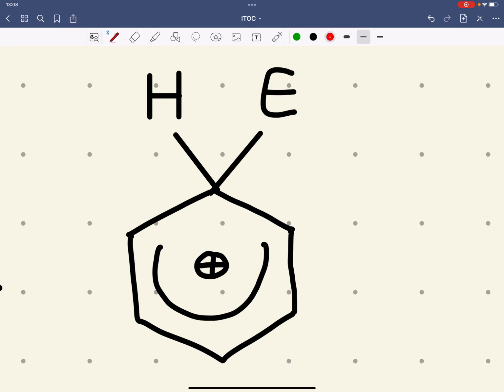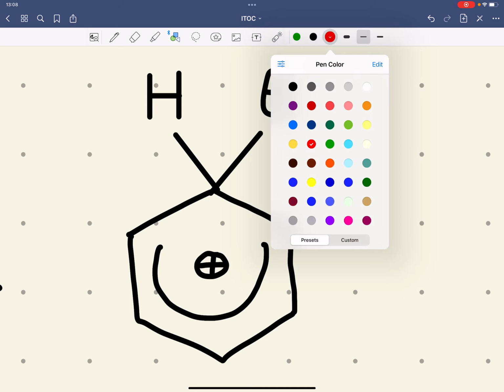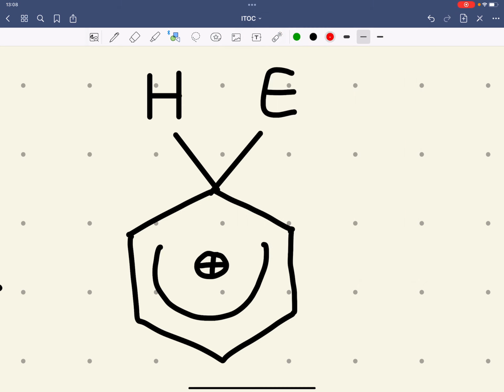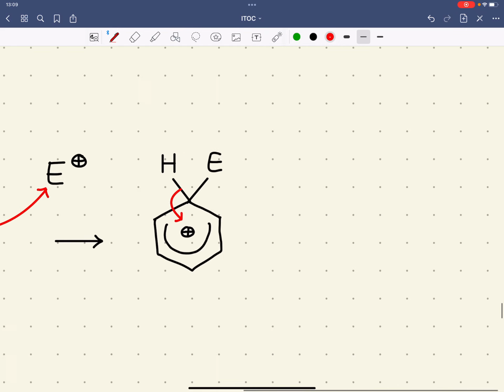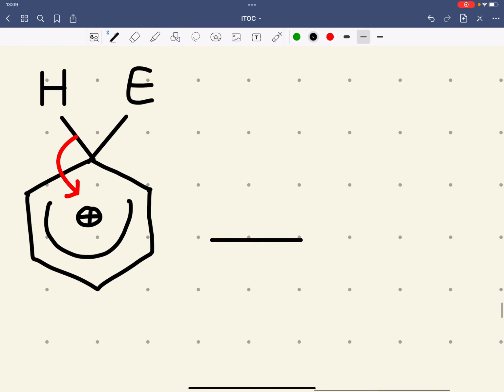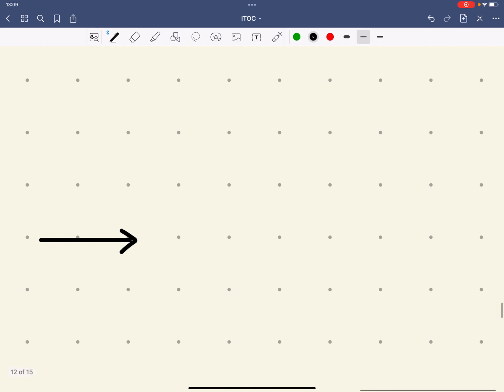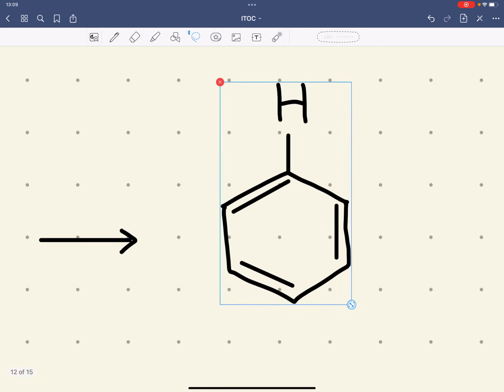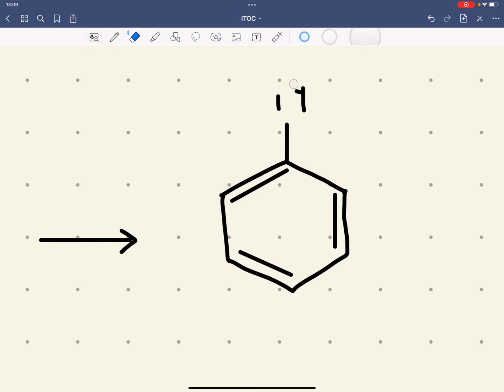And it's going to react to retain this delocalized ring network. So the pair of electrons that are in this CH bond are going to go back and reform the 6 electrons in the ring. And that is going to give us our product. We'll call that an electrophilic substitution.